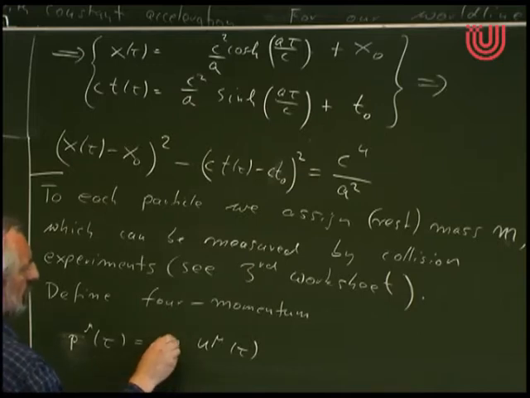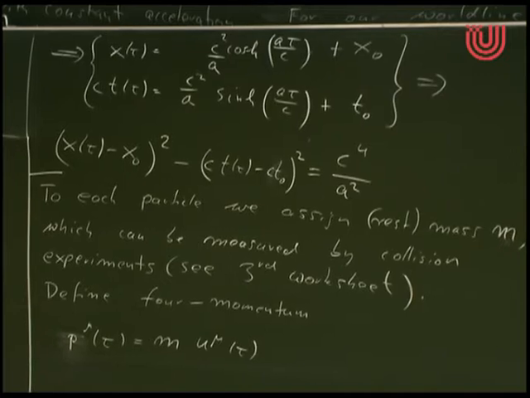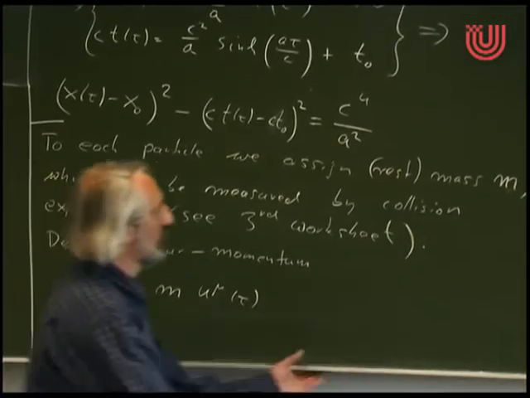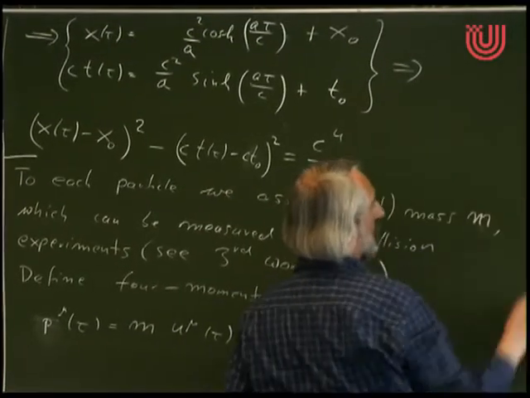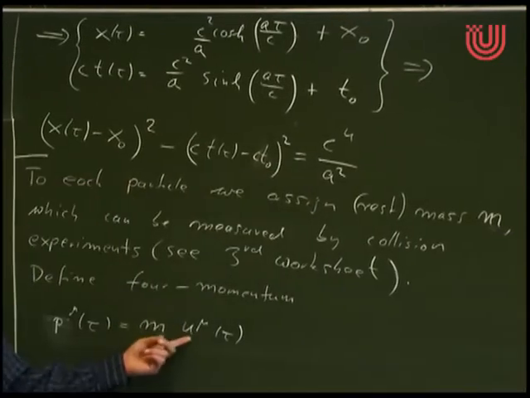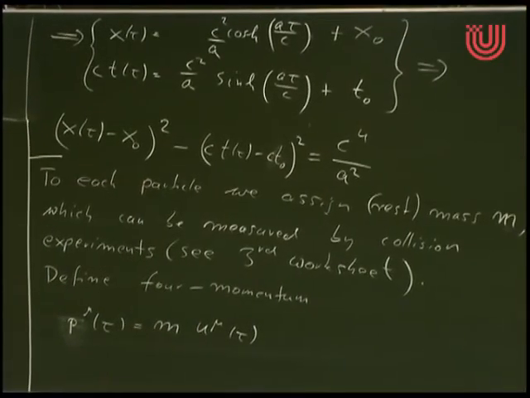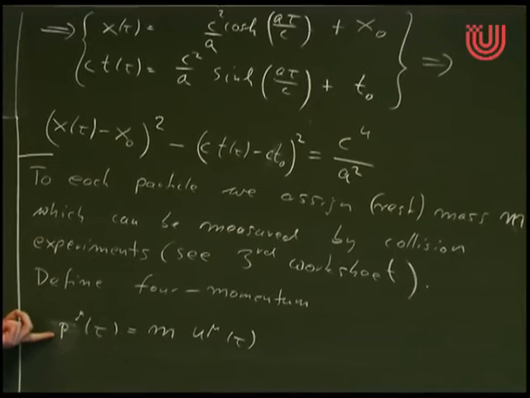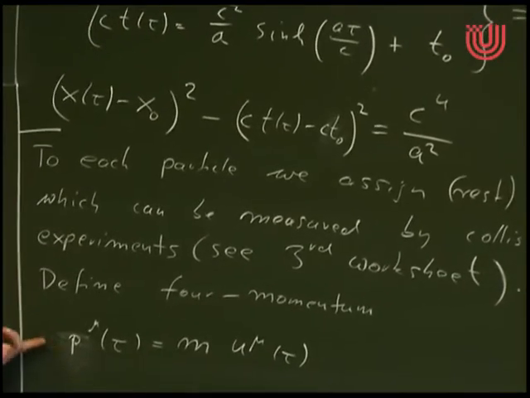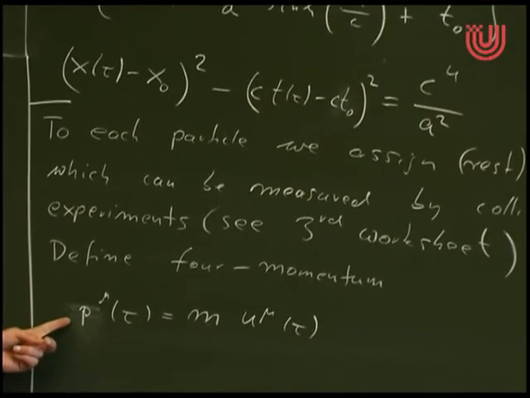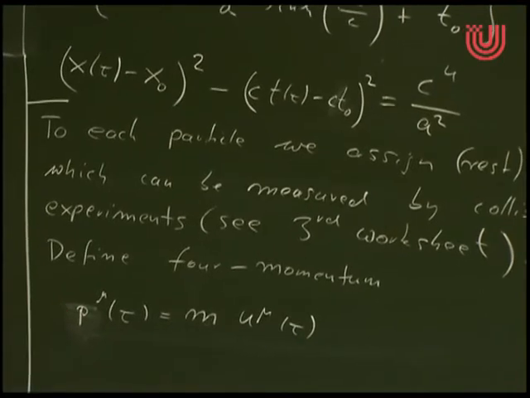You may view this as a definition of the four-momentum of a massive particle for the time being. As u mu is normalized, this was our proper time condition, also this p mu satisfies a normalization condition. So only 3 of the 4 components are independent. The normalization fixes the 4th one.